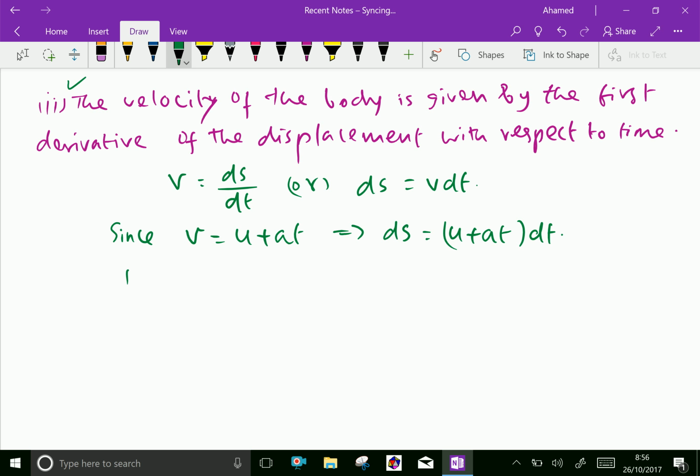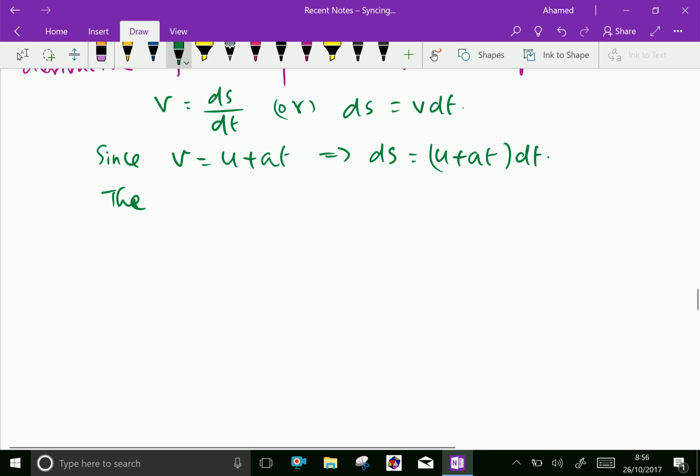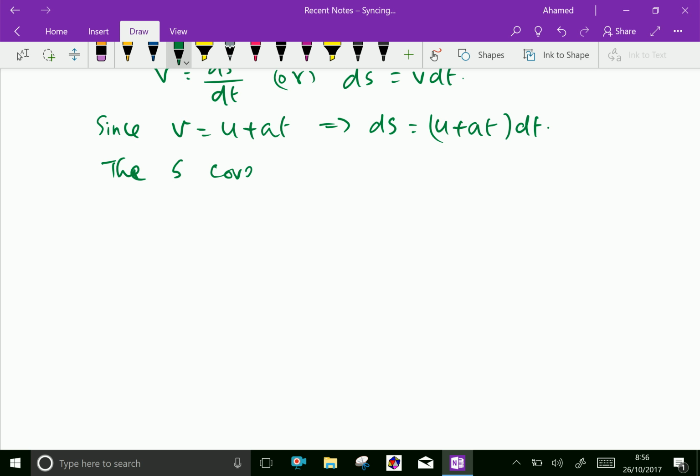Now the distance is covered in time t by the body. We can write the integral from 0 to s of ds equal the integral from 0 to t of u plus at dt.